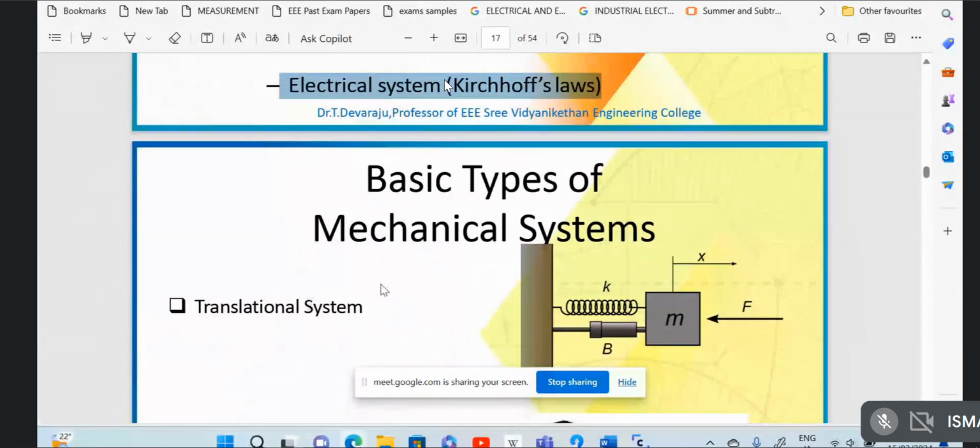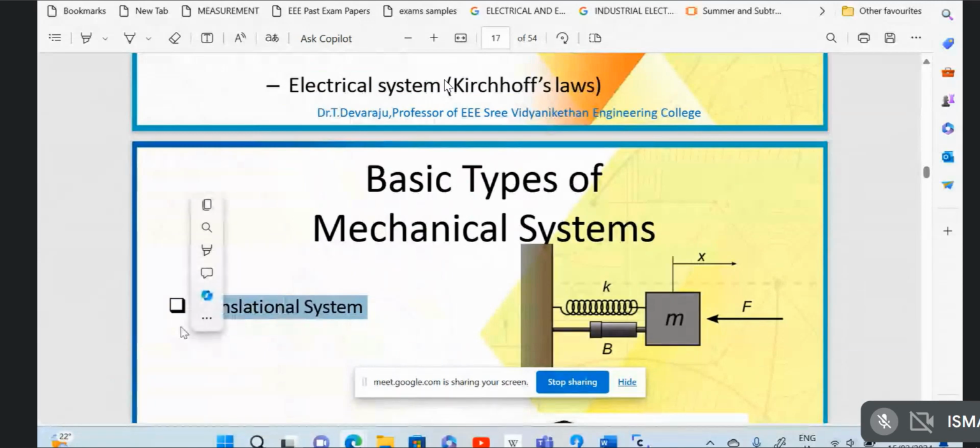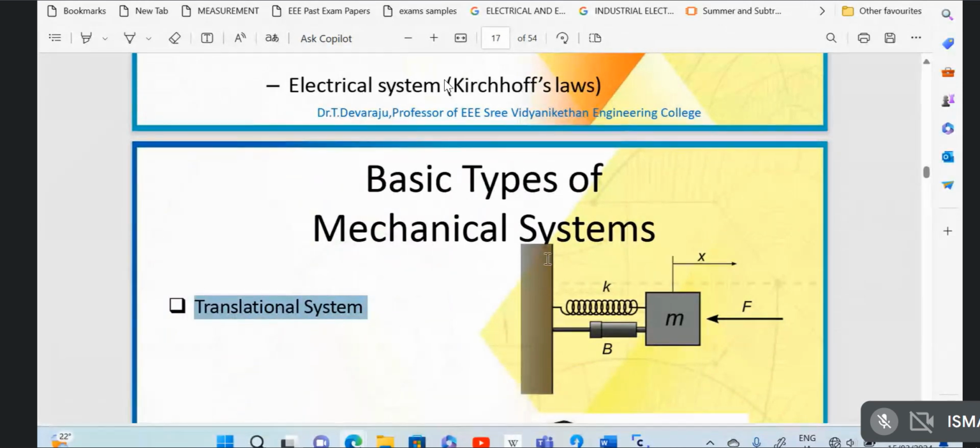The basic type of mechanical system is the translation system, whereby we have the spring, the mass, then the dashpot, and the force.